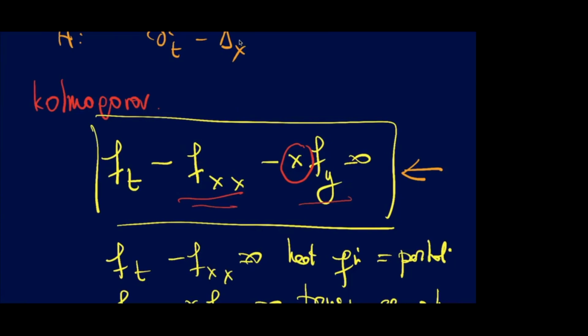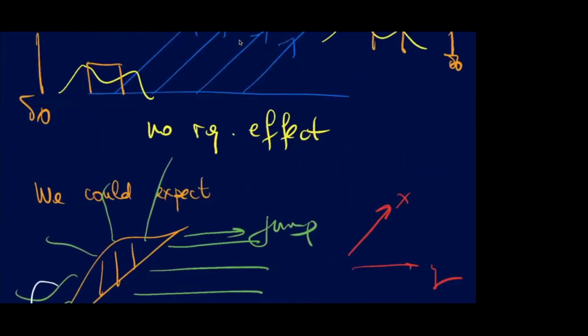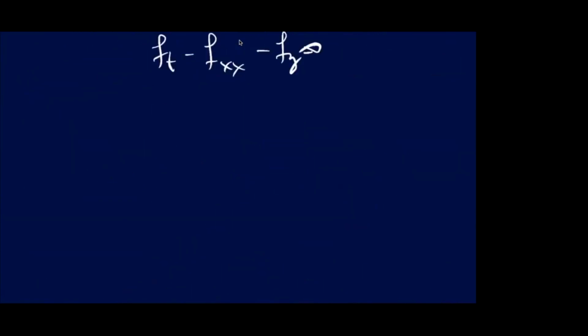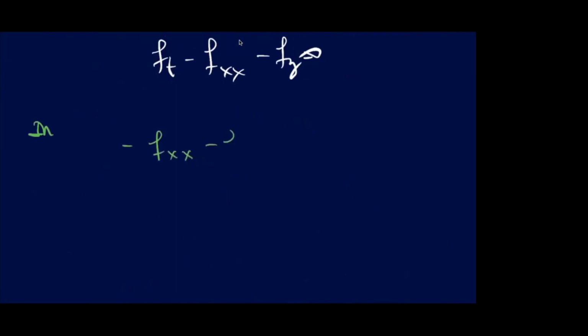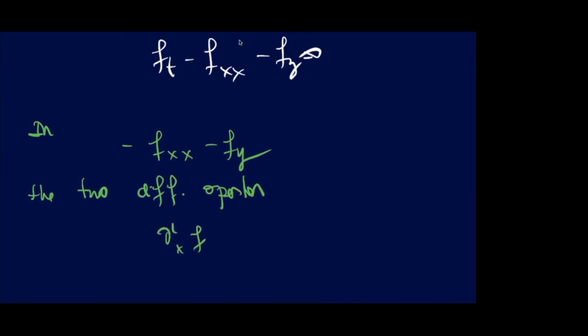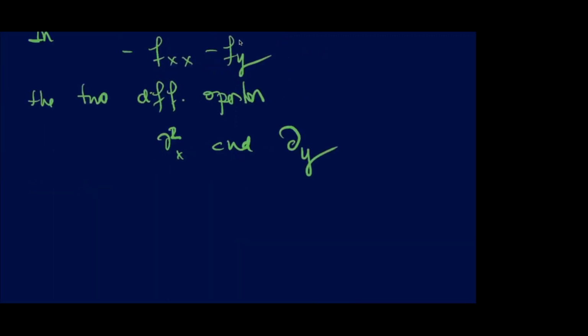So the key fact is that in the model, the two differential operators, D2x and dy, so two derivatives in X and one derivative in Y, commute.